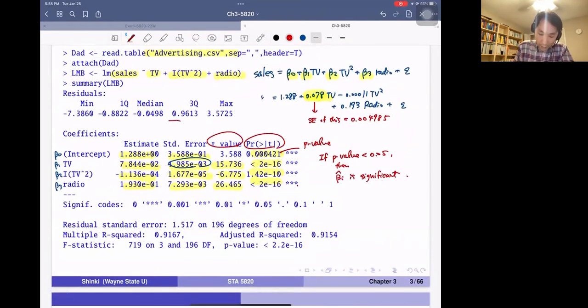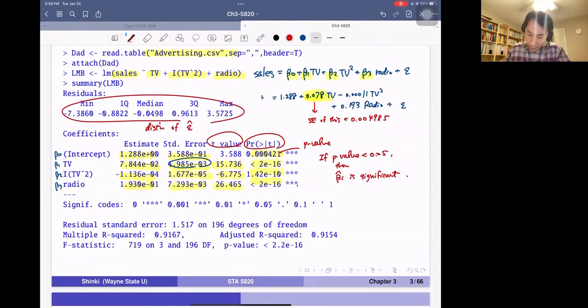So this is the residual size, the distribution of residuals, the distribution of epsilon hat. Here beta naught, beta 1 or epsilon represent the truth, and the hat means the estimated. We don't know the true value of beta naught, but the estimated value based on the data is 1.288.